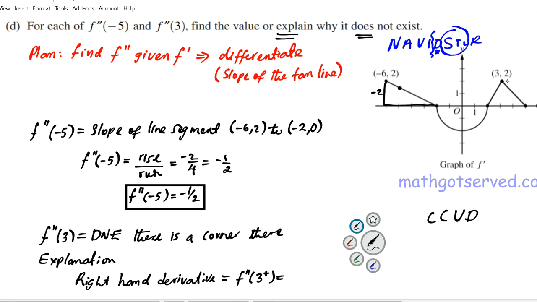If you use rise over run, we can clearly see that for the right hand derivative, you rise 1, 2 and run 1, 2. So that's going to be -2 over 2, which reduces to -1. So the right-hand derivative is -1.